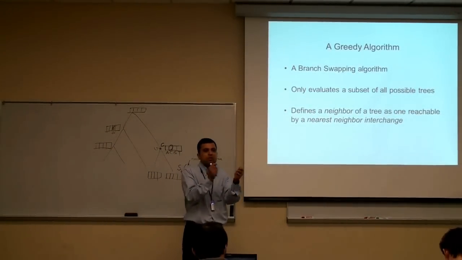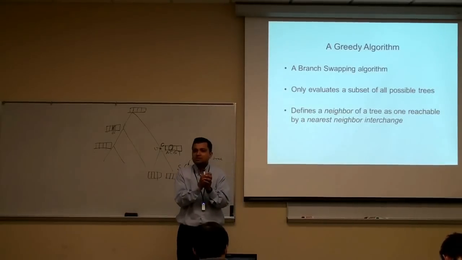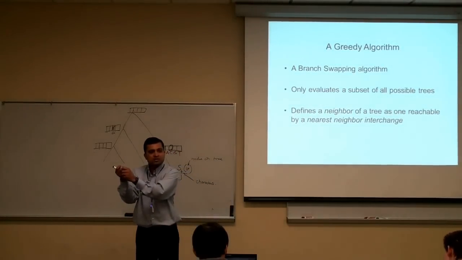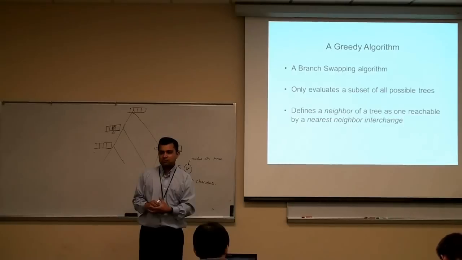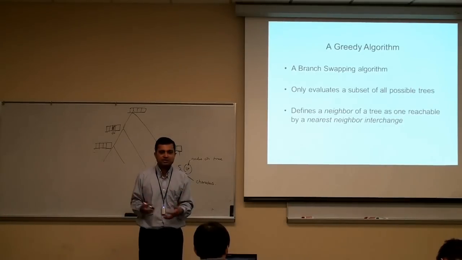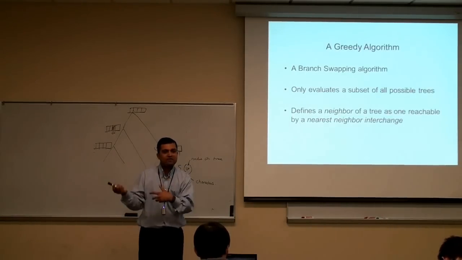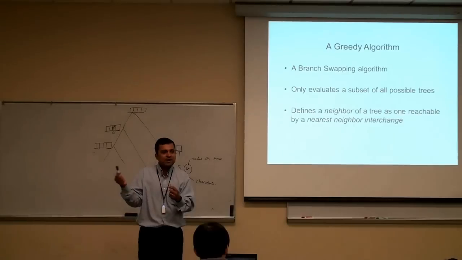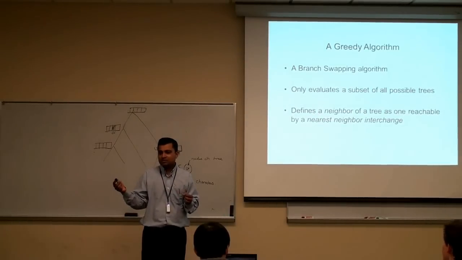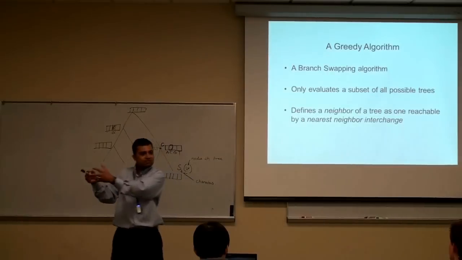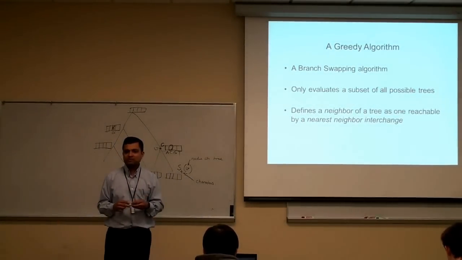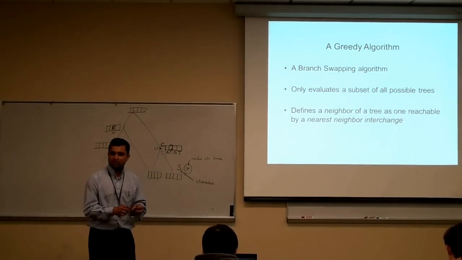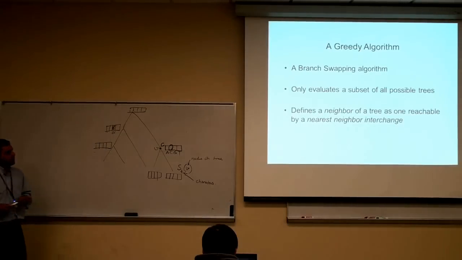And then it does a small change to that tree to move to a slightly different candidate topology, which it then evaluates. And if it's better, then it goes there. And then again, from there, it makes a small change to another tree, evaluates that. If it's better, it goes there, and so on. So it's a greedy algorithm.